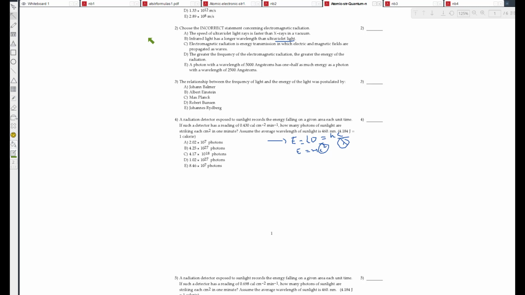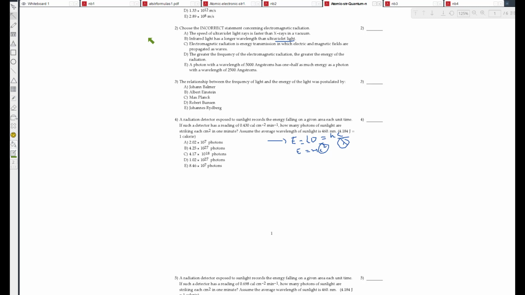A photon with a wavelength of 5000 angstrom has 1/2 as much energy as a photon with a wavelength of 2500. When you change this, the wavelength is 5000, so the frequency is going to be less, while the other's frequency is double.